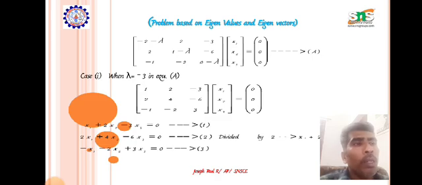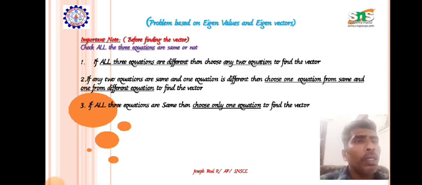So we have to choose one equation from the same ones and take the different equation to find the vector. These are the properties we are saying. I need to check all the three equations, so this condition will be followed.